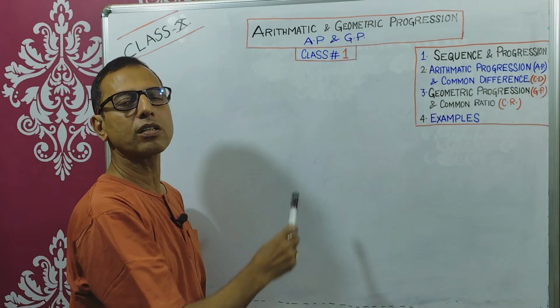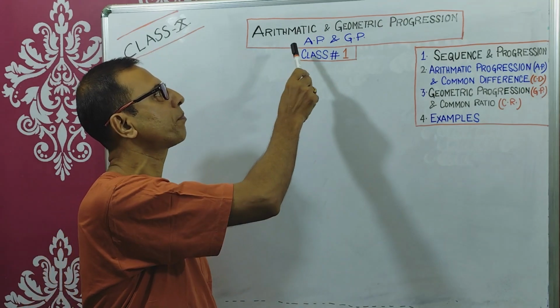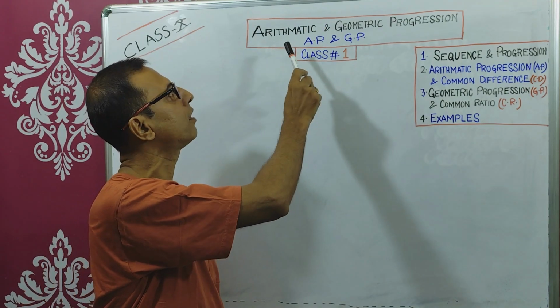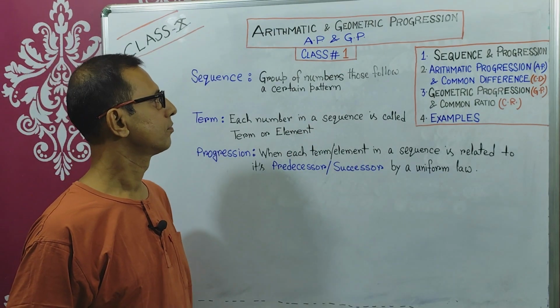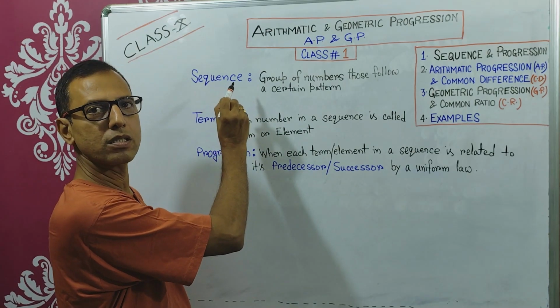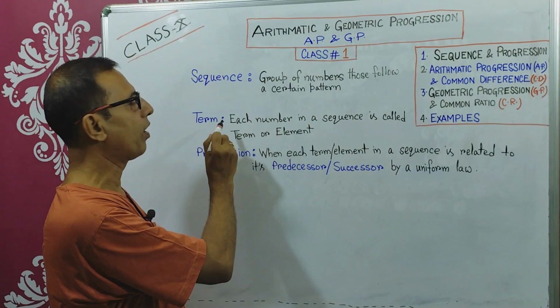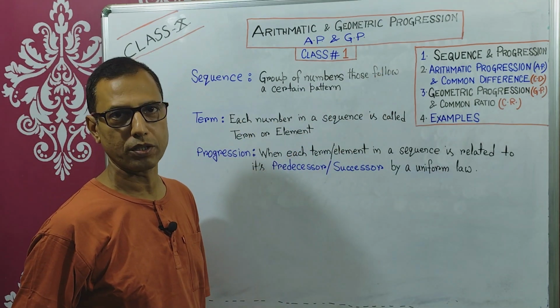So this is the first class on arithmetic and geometric progression. There will be a few classes to cover the entire topic, right? So first understand what is sequence and then what is term, what is progression. Then we'll come to arithmetic and geometric progression.